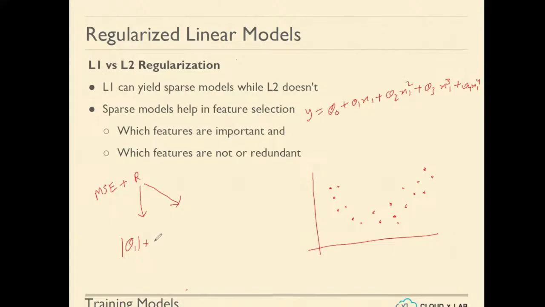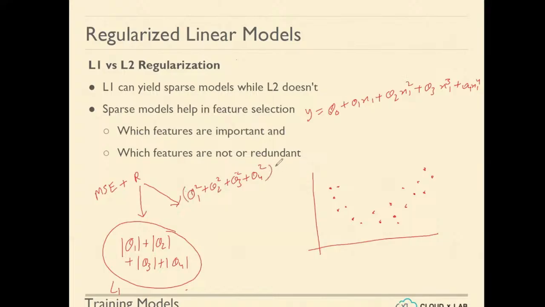We will add here the L1 norm, right? In L2 regularization, here we will use square terms: theta 1 square plus theta 2 square plus theta 3 square plus theta 4 square, right? So if we are adding square terms, then this type of regularization is called L2 regularization, right?